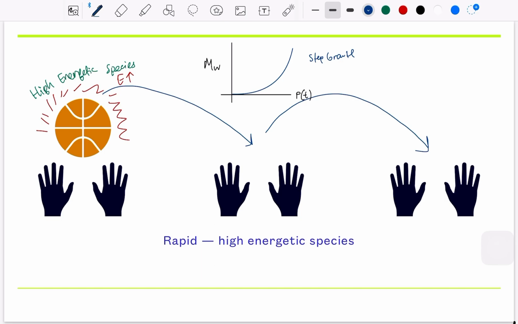But it takes time, right? It takes time to build up the molecular weight for the step growth.